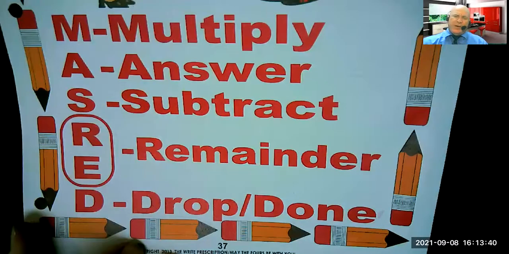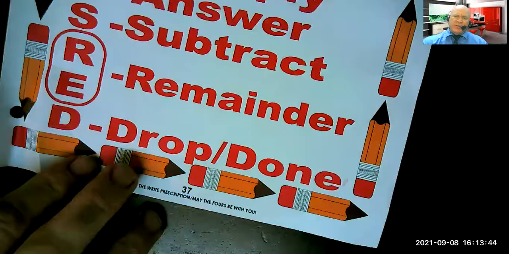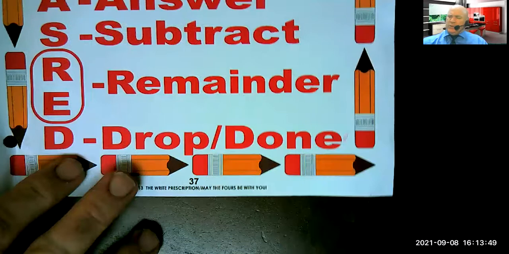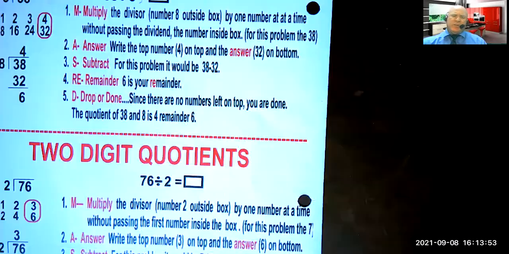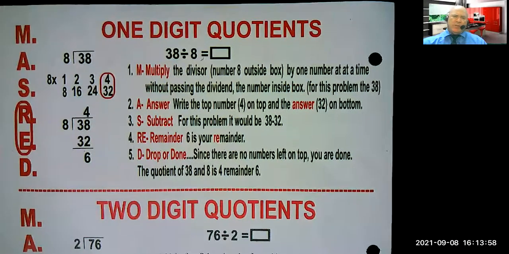So for those of you who have the mathematics posters, you'll find this on page 37. And when you look at the opposite side, page 38, it allows you to see how to do M.A.S.R.E.D with 1-digit quotients.